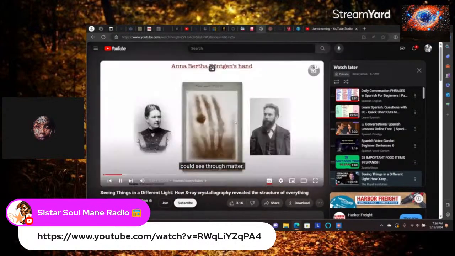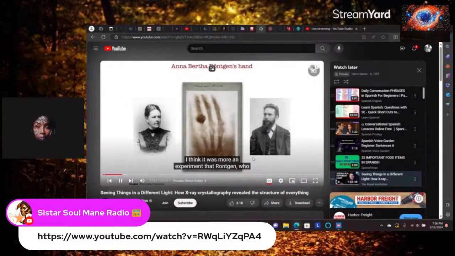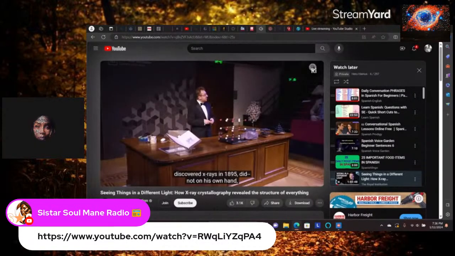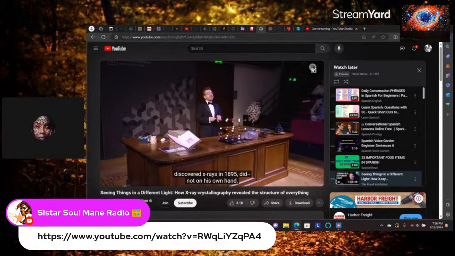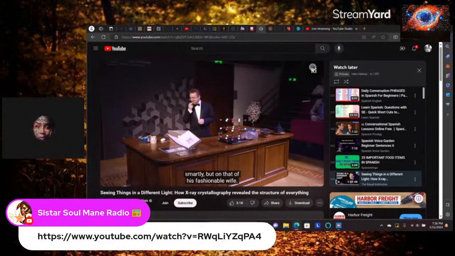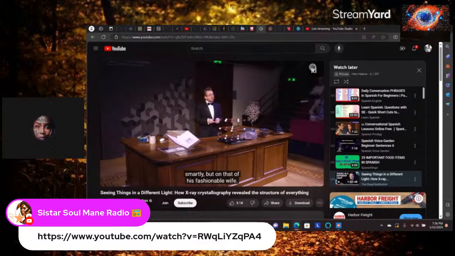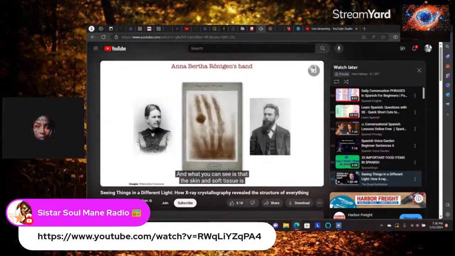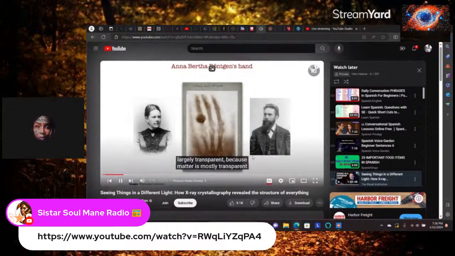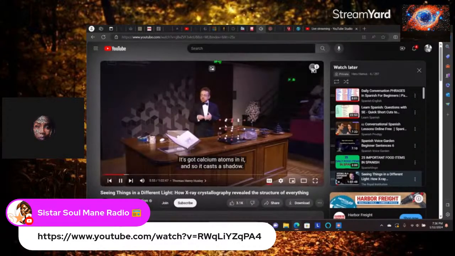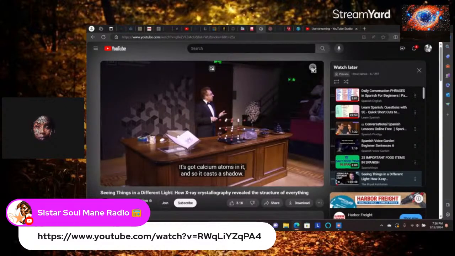And here you can see one of the very first, it wasn't quite a medical X-ray, I think it was more an experiment that Röntgen, who discovered X-rays in 1895, did, not on his own hand, smartly, but on that of his fashionable wife. And what you can see is that the skin and soft tissue is largely transparent, because matter is mostly transparent or semi-transparent to X-rays. But the bone is slightly denser, it's got calcium atoms in it, and so it casts a shadow.